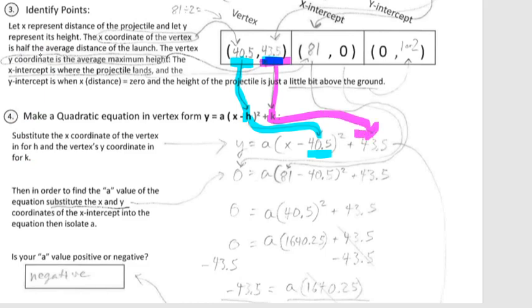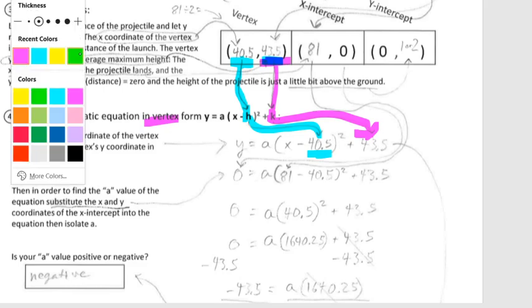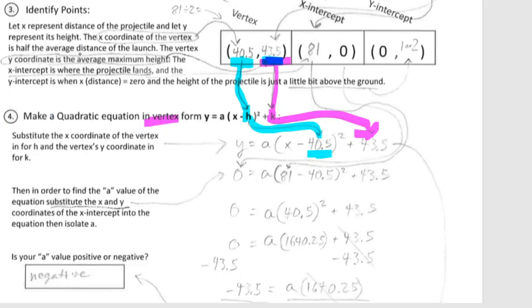That's why this is called vertex form, because we're using the vertex to create this equation. We also still have those x's and y's, so we'll need to take one more point. If we have the vertex and one more point, those points are enough to make the parabola exactly where we want it to be.